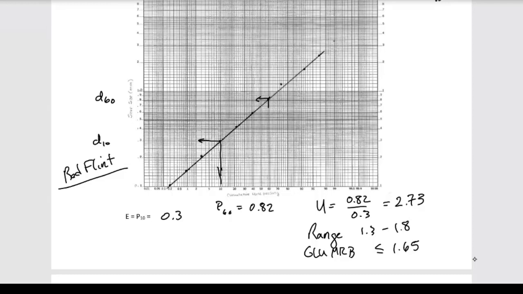So what you'll be doing for further aspect of your mini design is you will be using the data available from Red Flint to choose a sand that will meet this criteria. We're going to move forward with this. This corresponds to the example in the textbook, but in reality and in your design project, you'll pick the sand, and you want a sand that meets these requirements.